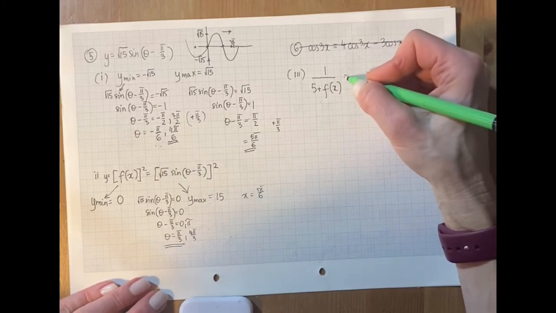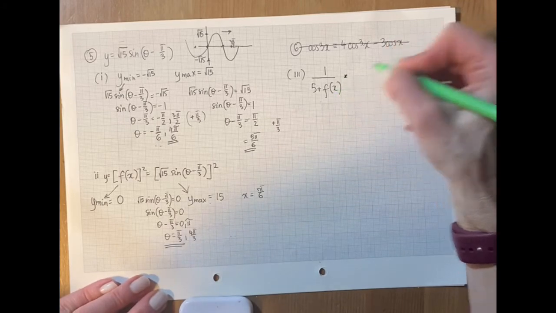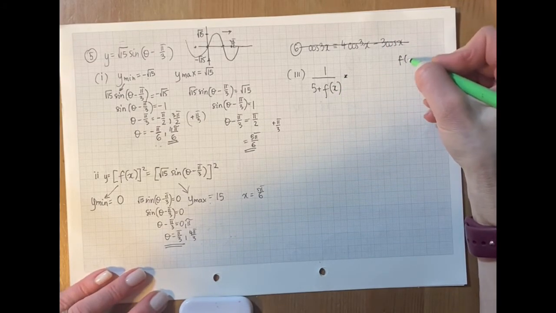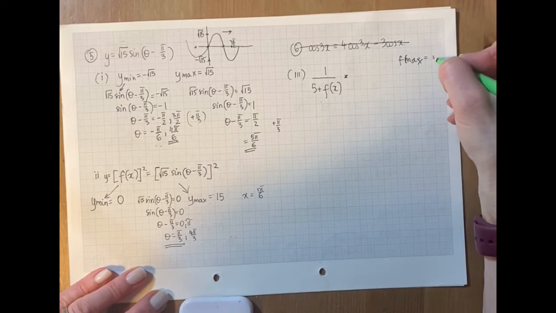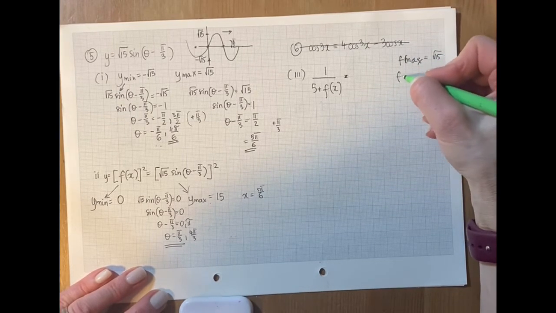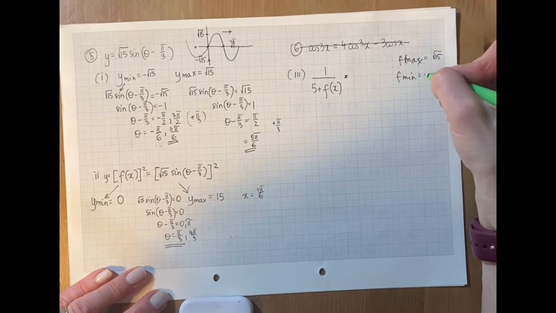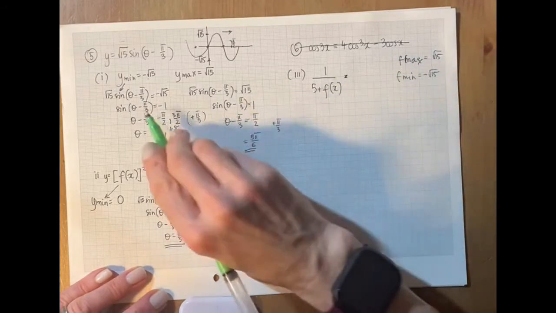What I suggest you do is very simply think, what is the f max? That was root 15. And what is the f min? That was minus root 15. We found it in the first part.